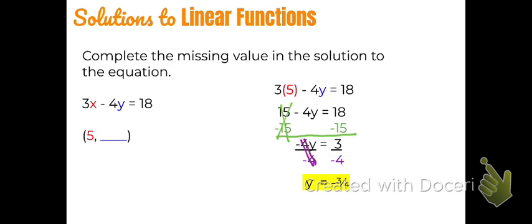And our answer would be -3/4. On the state test, if you have a fraction, you can always change it to a decimal by dividing. If you want to leave it as a fraction, just make sure you simplify. So if this was instead -9/12, you would want to simplify that to -3/4. So always simplify your fractions, or change them to decimals.